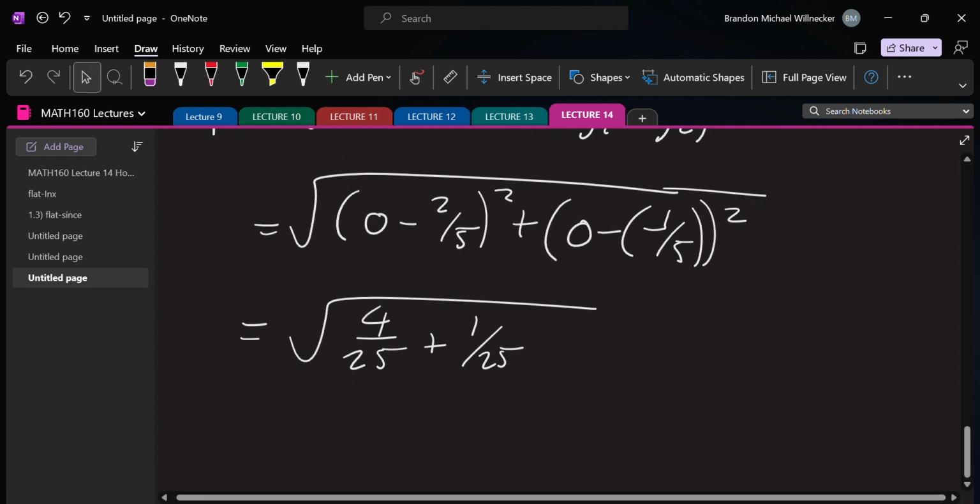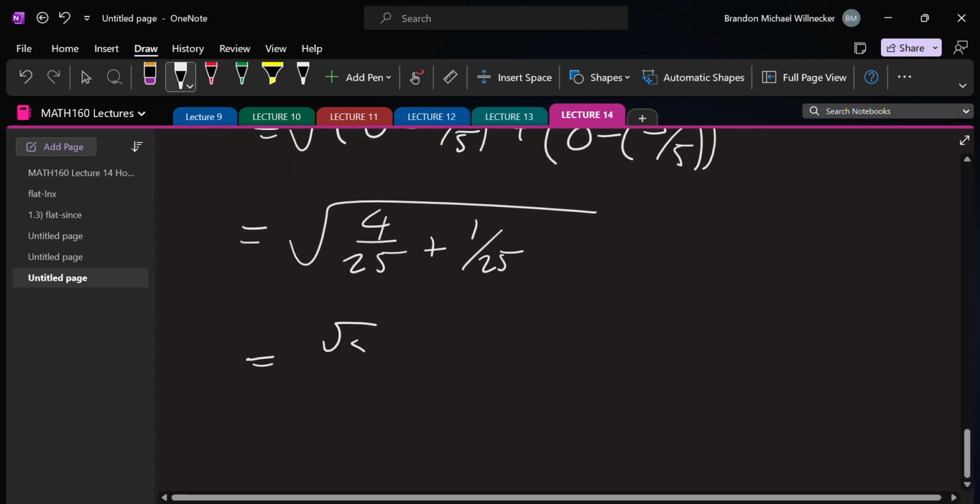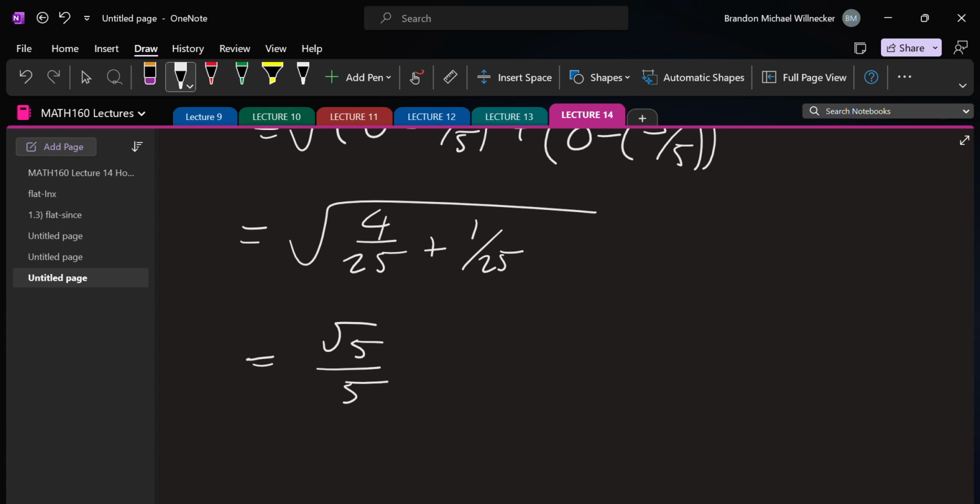Squared. So we get root 4 over 25 plus 1 over 25. So that's going to be root 5 over 5. Okay, so that's the shortest distance between them. Once we've got the 2 points, it's just the distance formula to find the minimum distance.